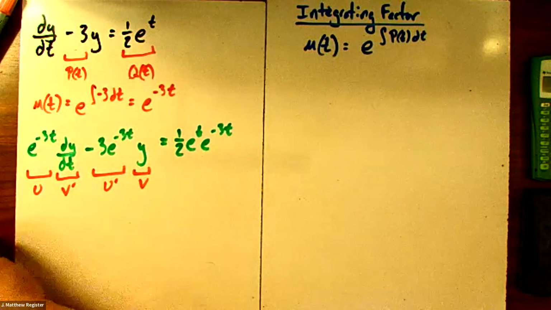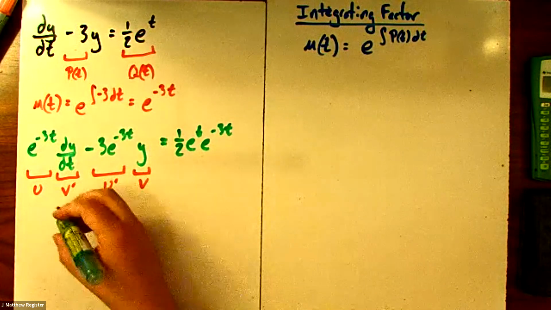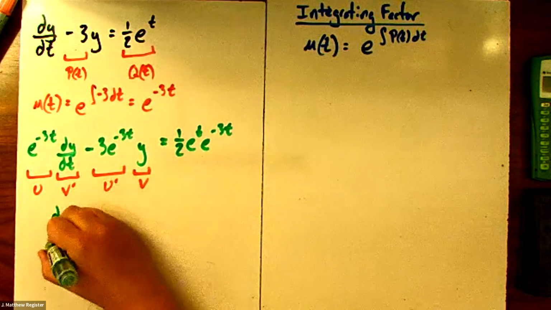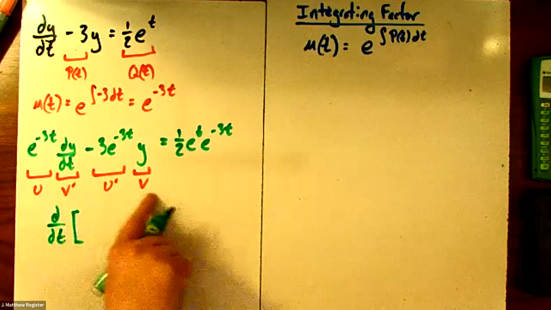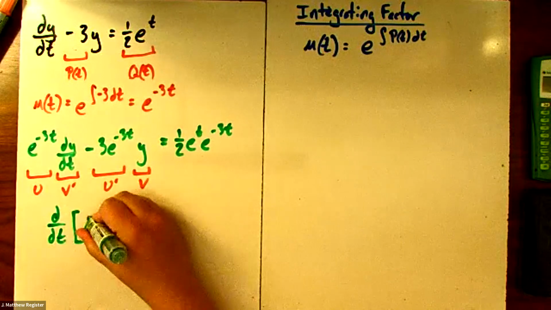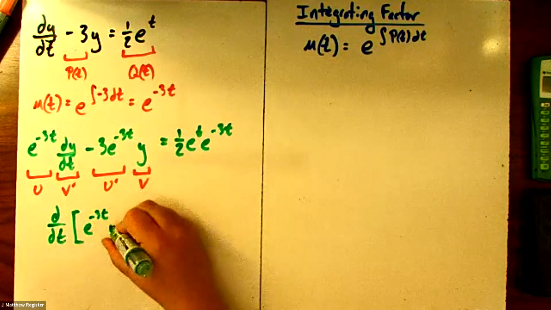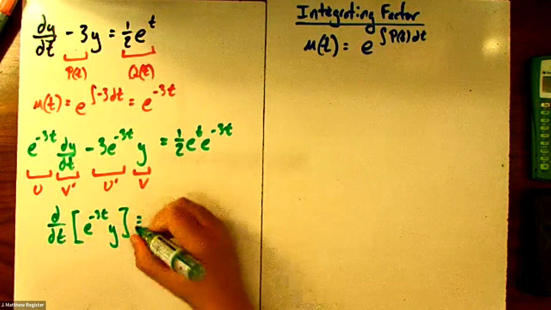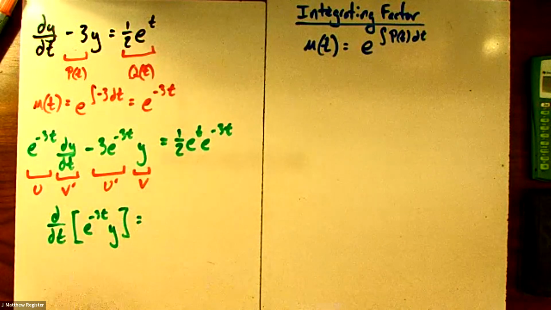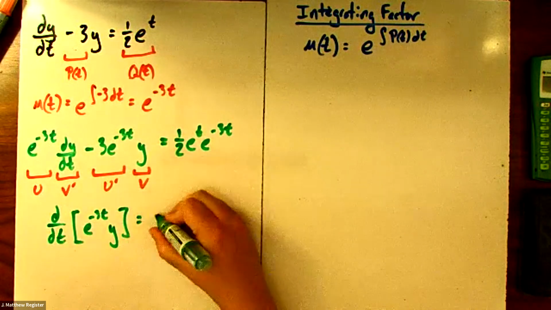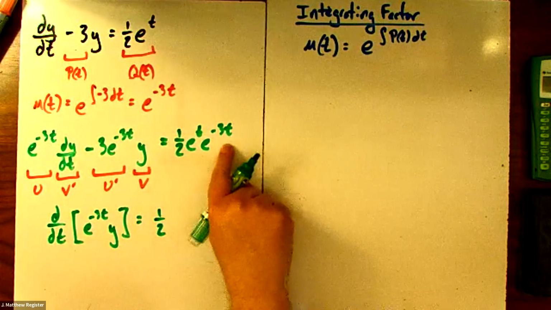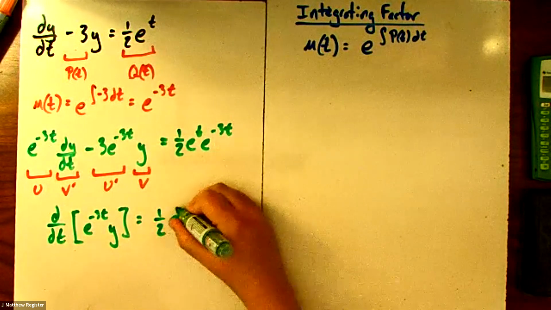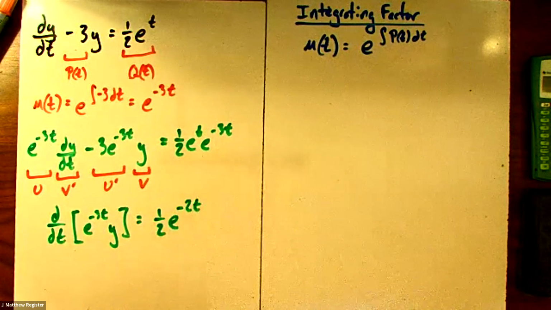So that means that this left side is really d dt of u times v. Our right side we can clean up a little bit because we have a 1/2. e to the t times e to the -3t is going to give us an e to the -2t.